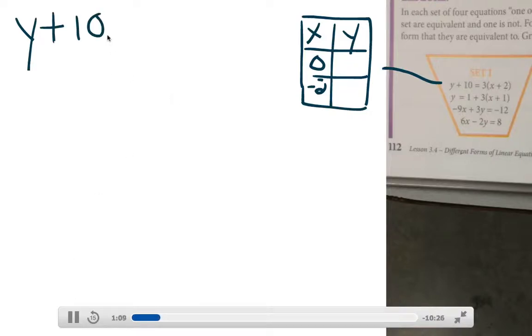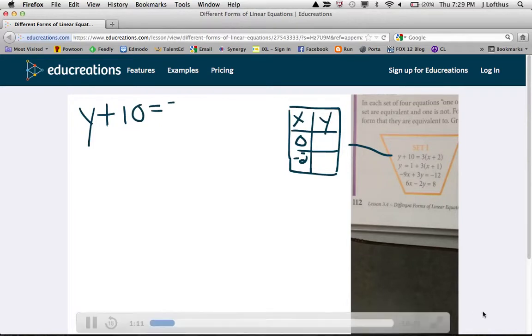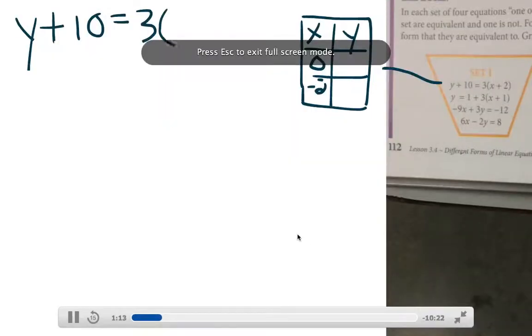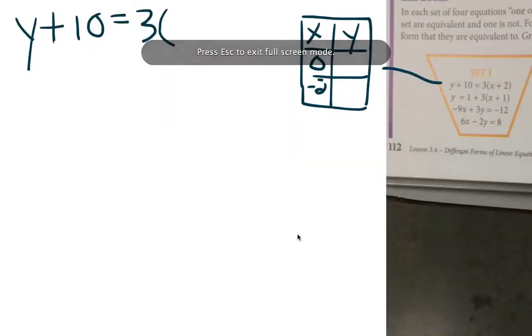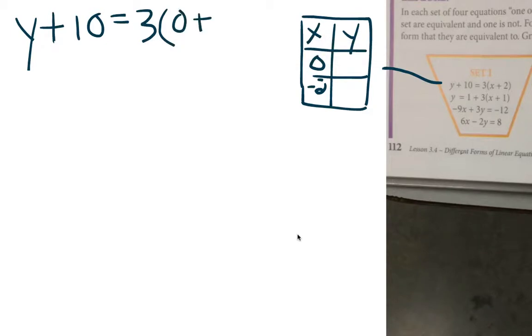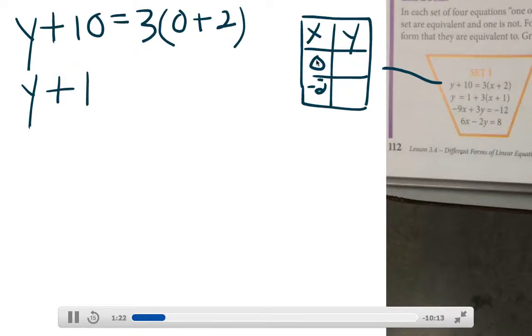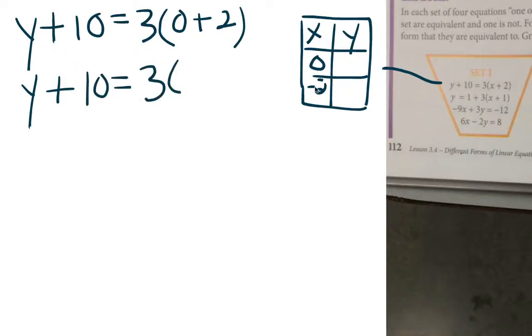So starting with the equation y plus 10 equals 3 times parentheses x plus 2, we put the two values of x equals 0 and x equals negative 2 to see what our y values would be. And then we just want to match these tables up with the other equations.